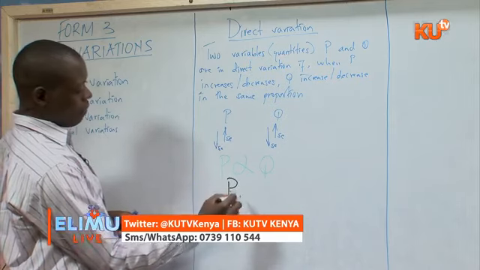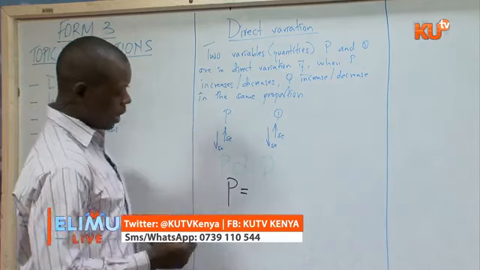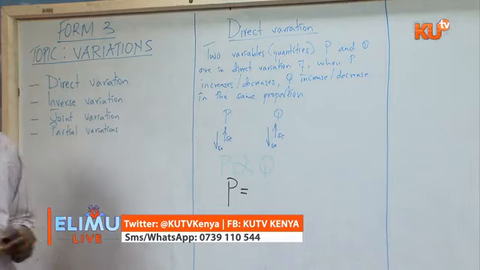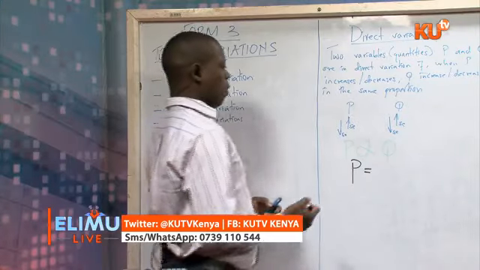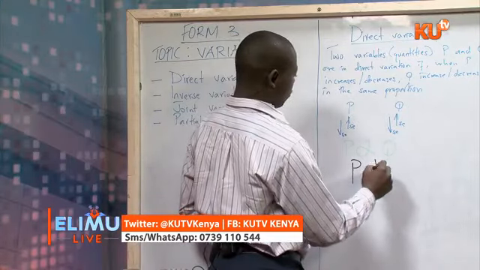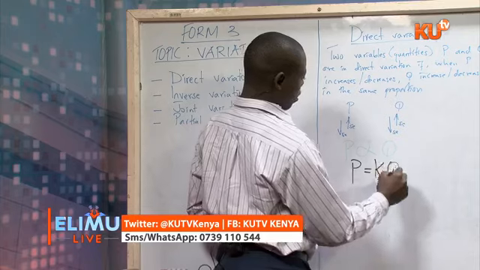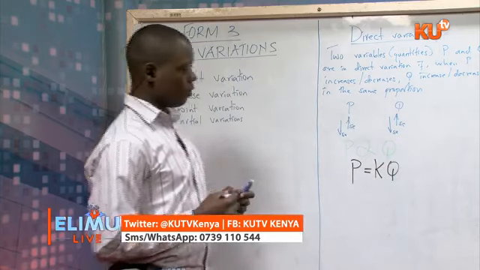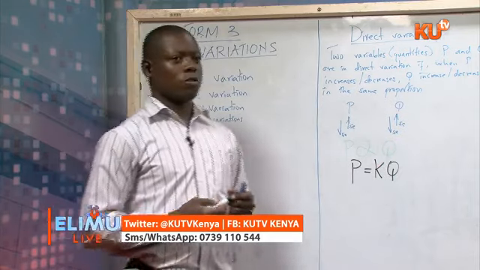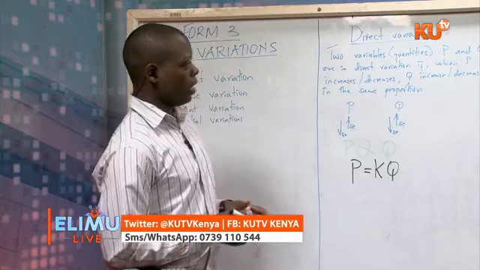When we remove the sign alpha, we introduce an equal sign. And since this was not the case before, we bring in a constant of proportionality K with the quantity Q. So it becomes P is equal to KQ.